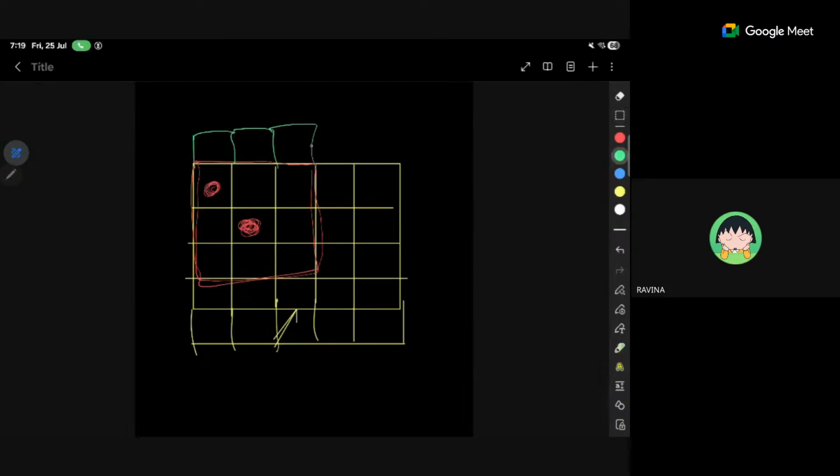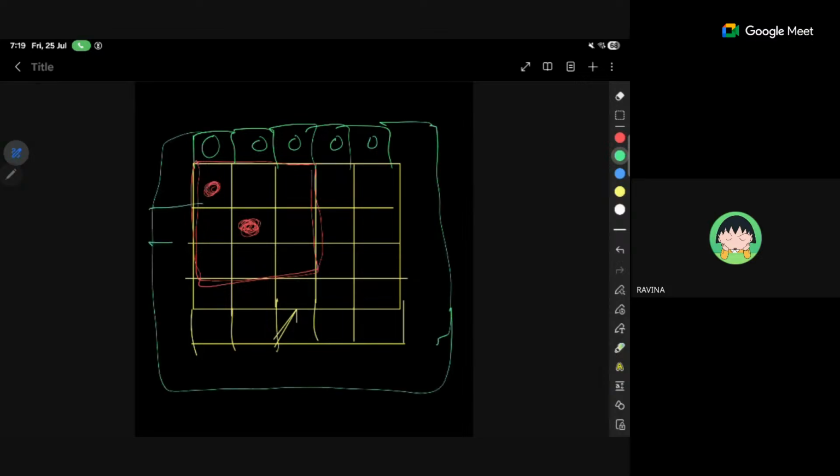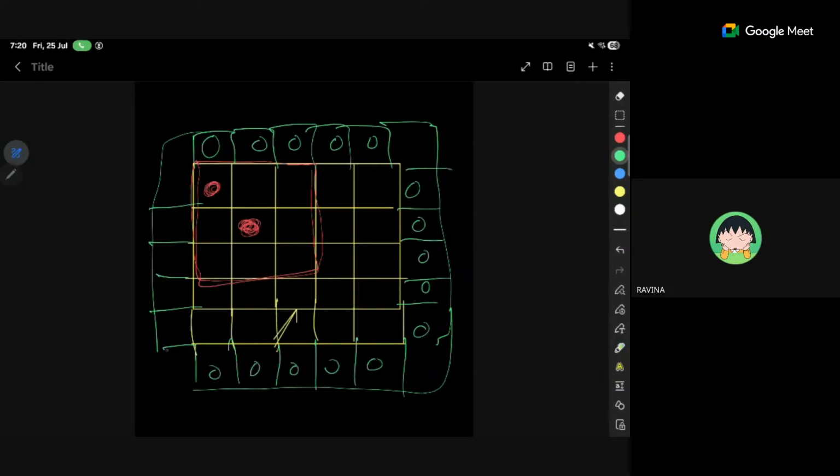Padding is just adding zeros around. So everywhere you put a 0, and so 0, 0, 0, 0, 0. So this is called padding.